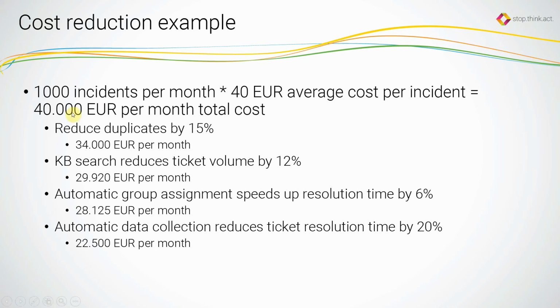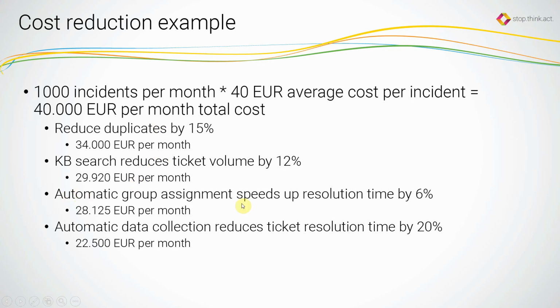We've read that, for instance, duplicates can be up to 20% of the total incoming ticket volume. So we calculated here with 15. Also, a good knowledge base can spare about 12% of incoming tickets, and as our product helps you with that, still inside SAP, you can expect additional cost reduction.